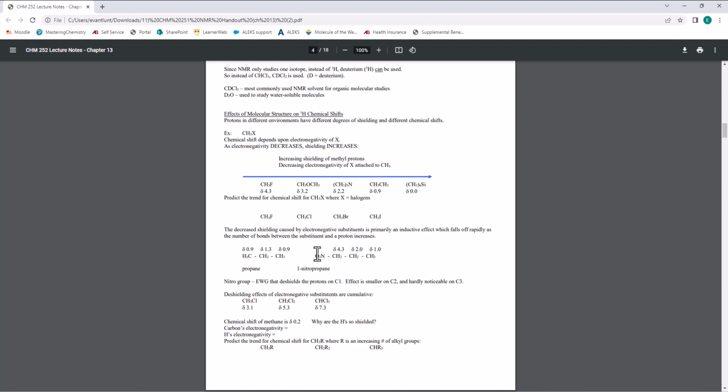As we're near a nitro group, the protons right next to the nitro group are at 4.3. They're pretty downfield. As we're beta to the nitrogen, we're at 2, and as we're gamma to the nitrogen, we're down at 1. So this is a spatial effect as well.